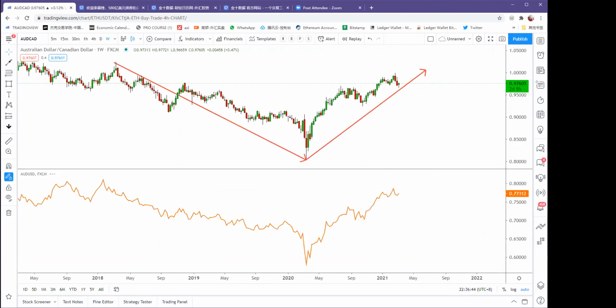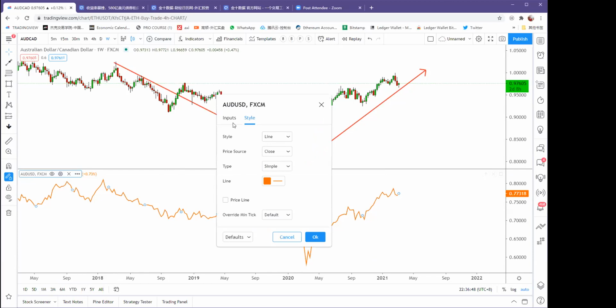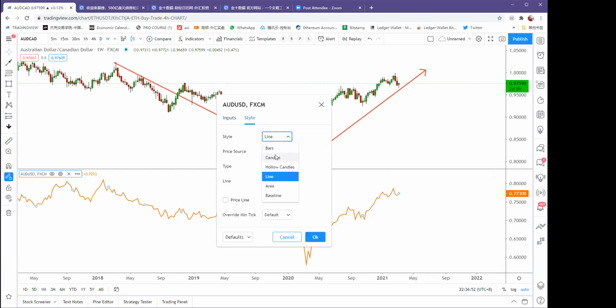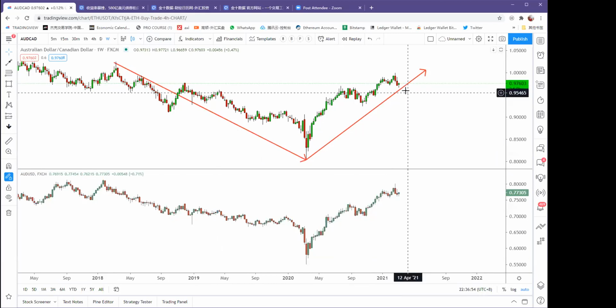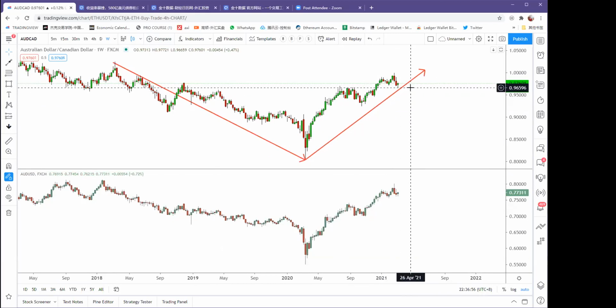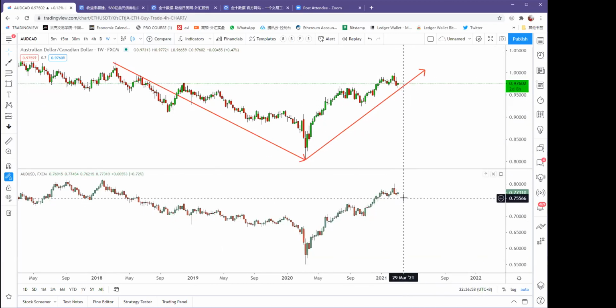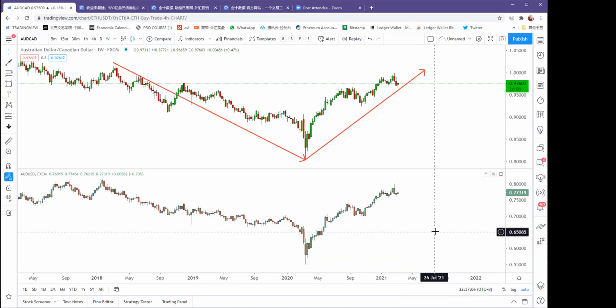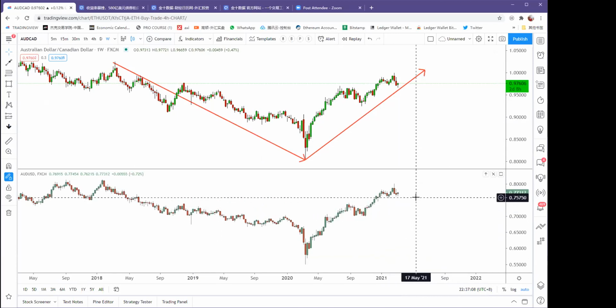They actually perform in a very similar way, but the difference is that Aussie Canadian's pip value is much lower than Aussie dollar. If you trade Aussie Canadian, you earn 10 Canadian dollars per pip. If you trade Aussie US dollar, you earn 10 US dollars per pip.